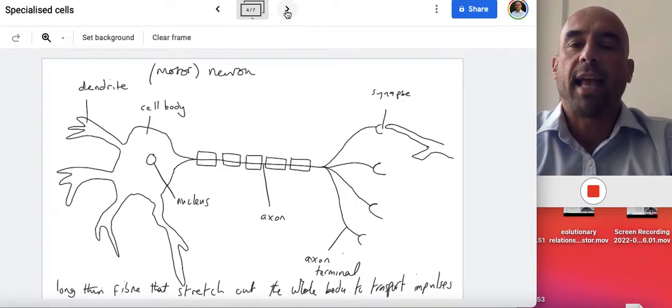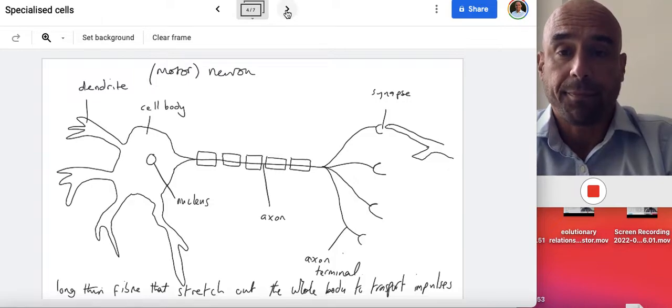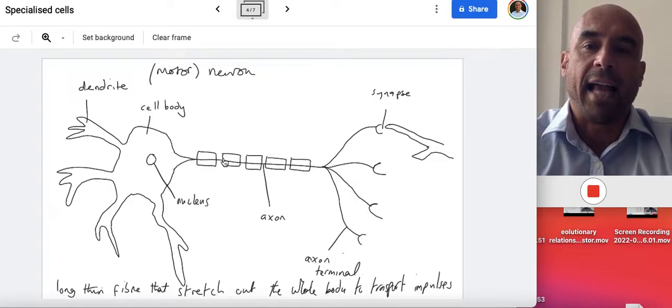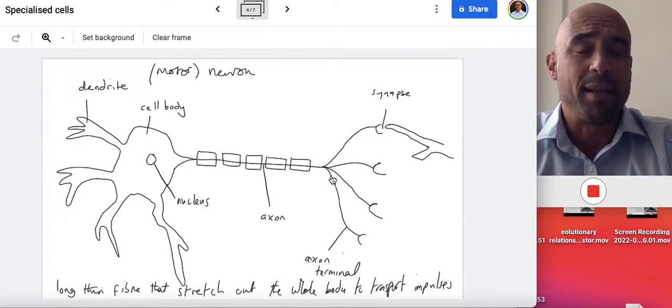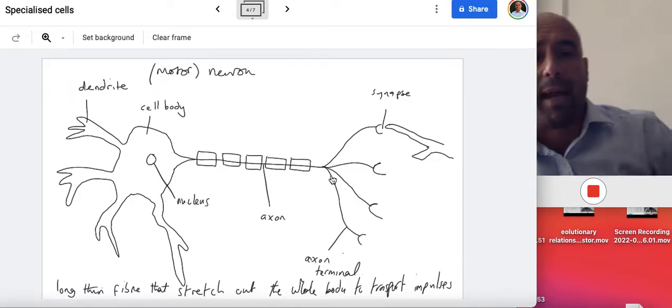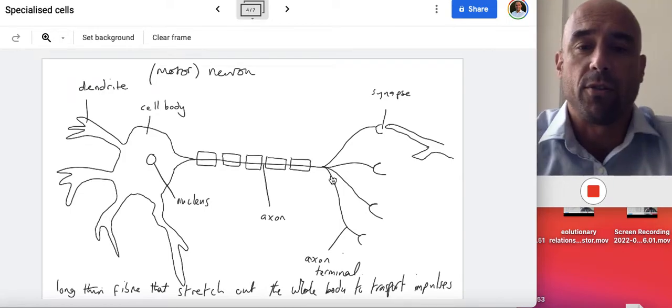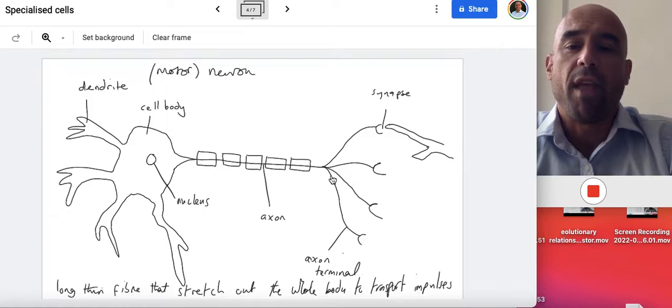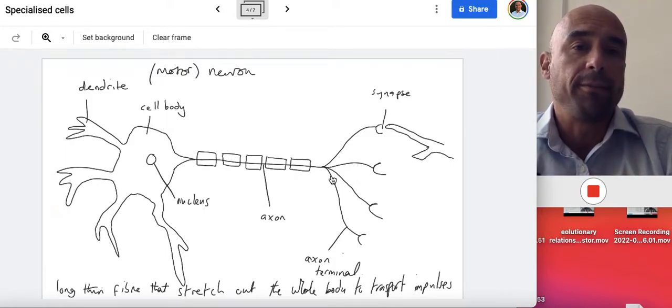We have got a neuron. Neurons have lots of different fibres. We've got an axon fibre. And axons can be several metres long because they could be travelling all the way down from your spine at the bottom of your back all the way down to your big toe. So they are fibres which stretch out to the whole of the body, and those fibres transport impulses.